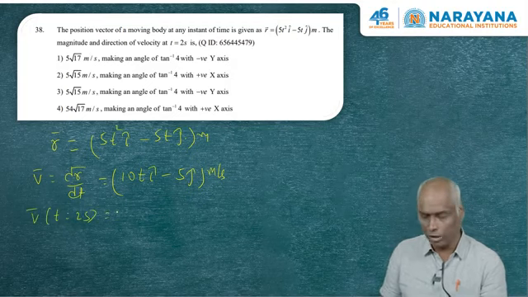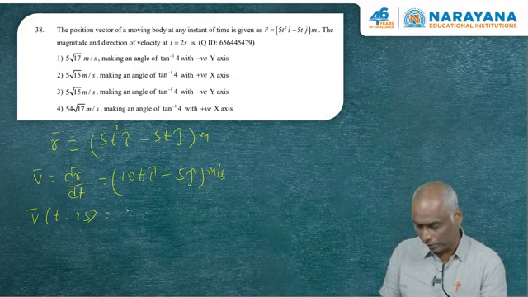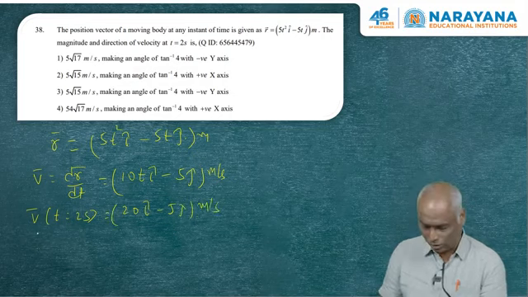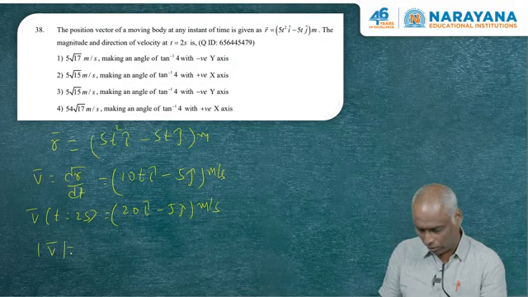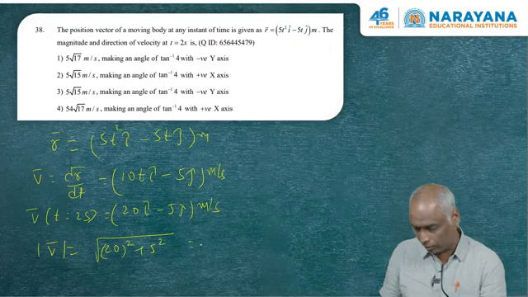Substituting t equals 2 seconds, this value is 20 i cap minus 5 j cap meter per second. The magnitude is mod v bar equals root of 20 whole square plus 5 square, which is 5 root 17 meter per second.